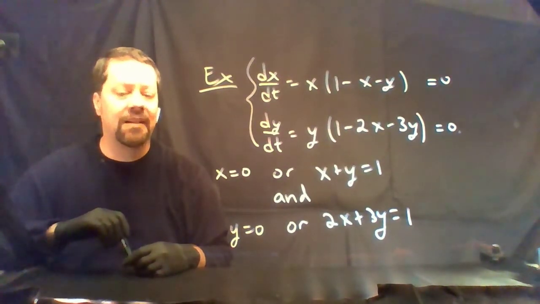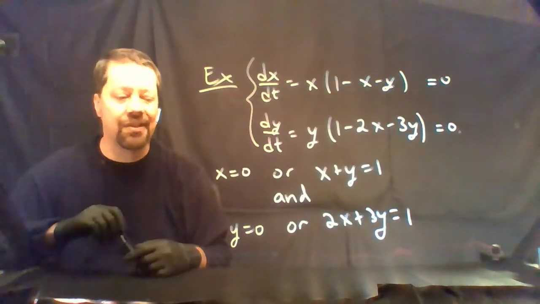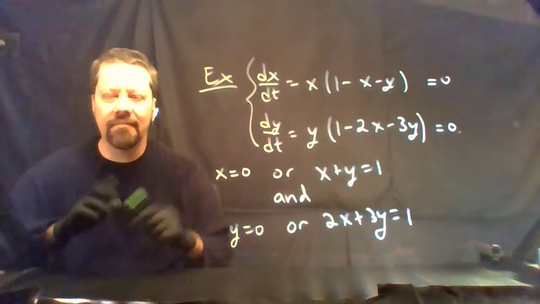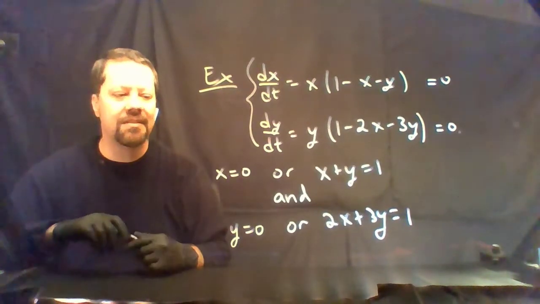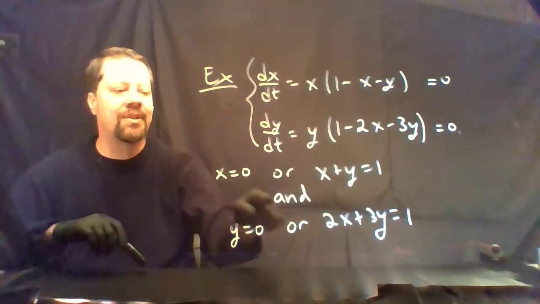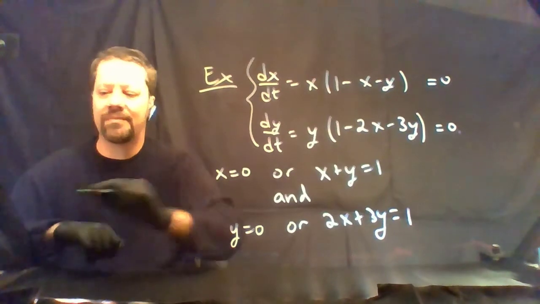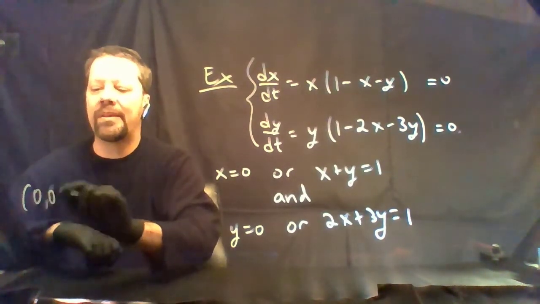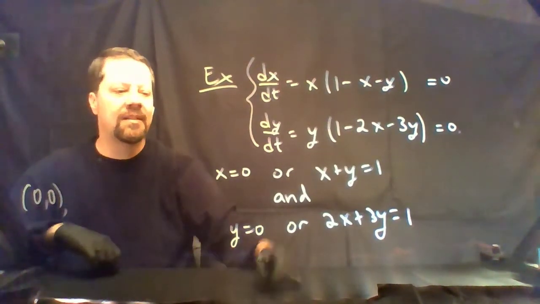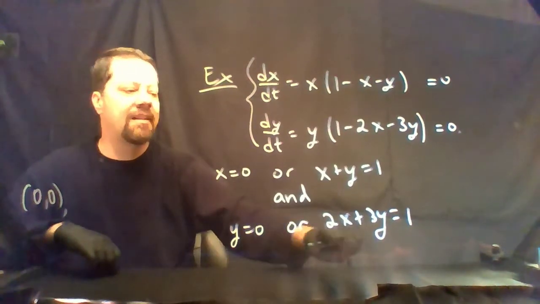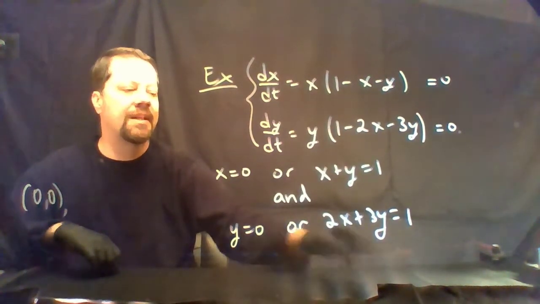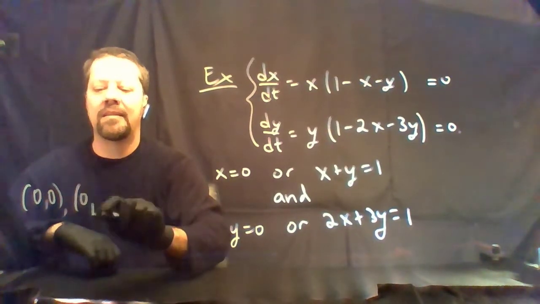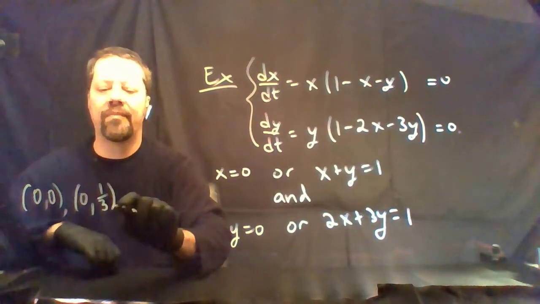This allows us to make four different possible combinations. We either have x equals 0 and y equals 0, giving us an equilibrium point at the origin. If x is 0 and this other equation holds, with x equals 0, we deduce that y is 1/3.